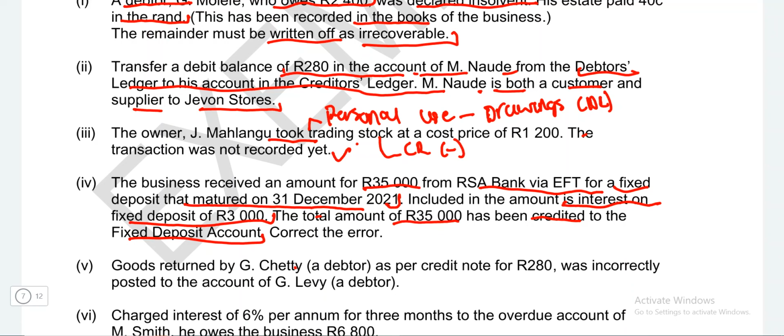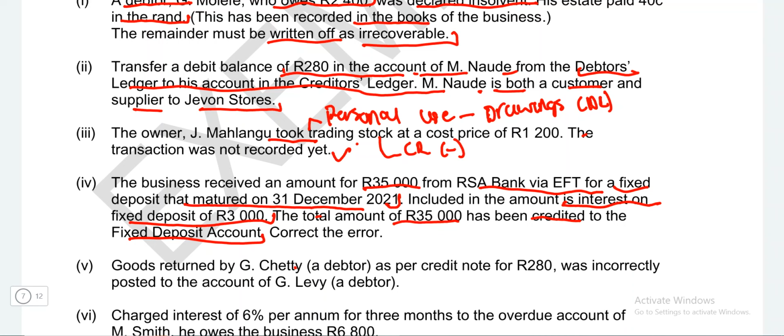So what are we going to do? Remember, we need to reverse the impact of that 3,000. So when it's like this, we are going to debit fixed deposit and credit interest on fixed deposit. This is what they were supposed to do. When we debit that fixed deposit, we are reversing the error, and the moment we credit the interest on fixed deposit or interest income, we are doing the right thing.